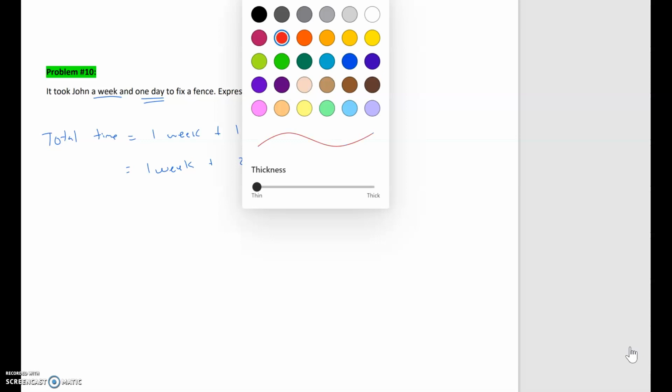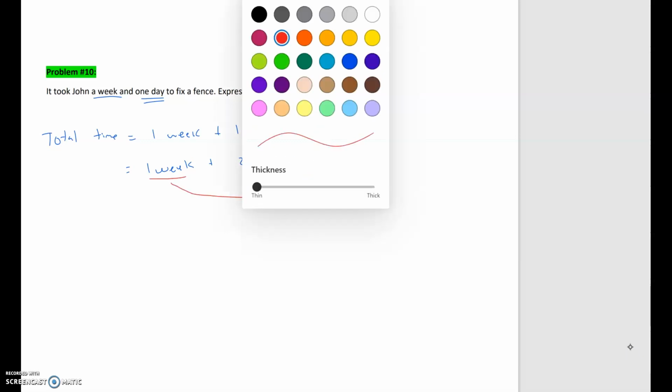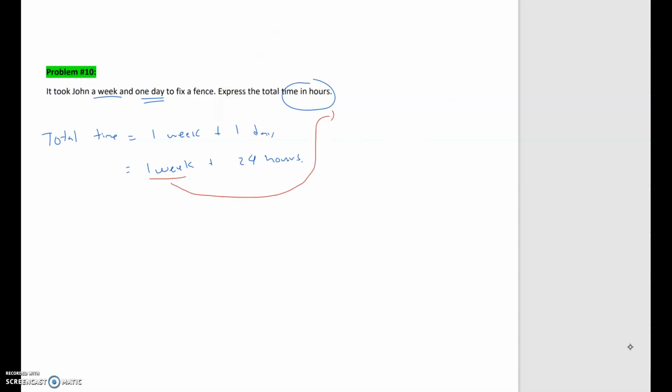Let me do the conversion of the 1 week to hours. So I'll just place it here. So we're looking at 1 week. So in 1 week, we have 7 days. And then in 1 day, we have 24 hours.